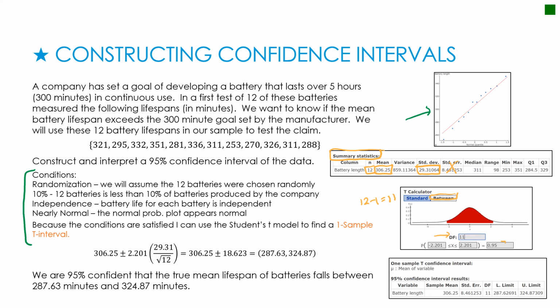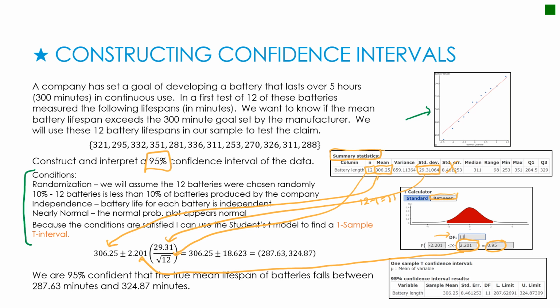And here I put in 0.95 because I'm looking for a 95% interval, and I got out 2.201. So that's where all of the values came from. So I used my mean, my critical value, my standard deviation, and n.